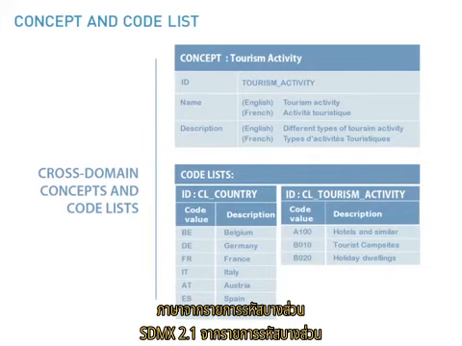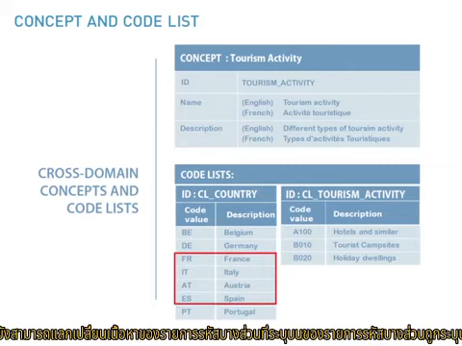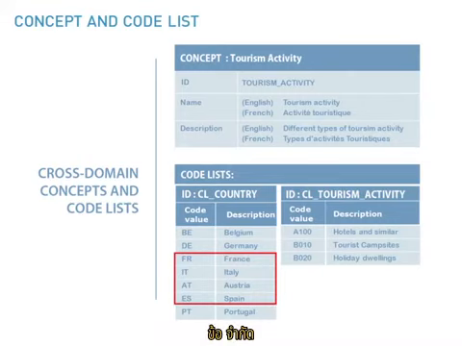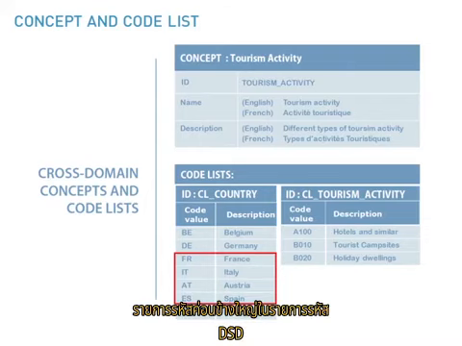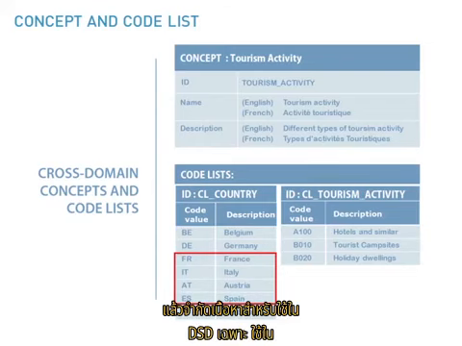From SDMX 2.1, partial code lists can also be exchanged. The content of the partial code list is specified in a constraint. This enables using common, and often quite large, code lists in multiple DSDs and then constraining their content for use in a specific DSD.